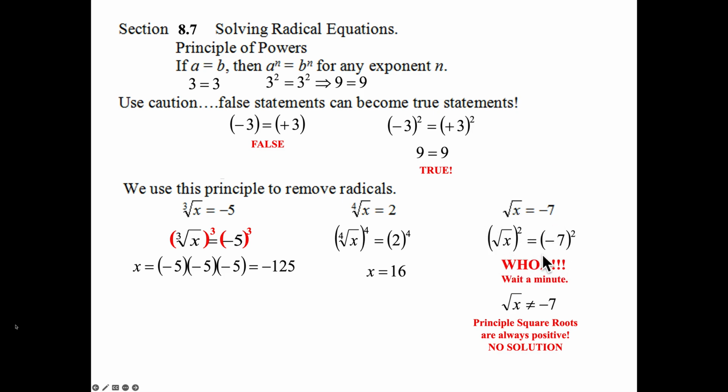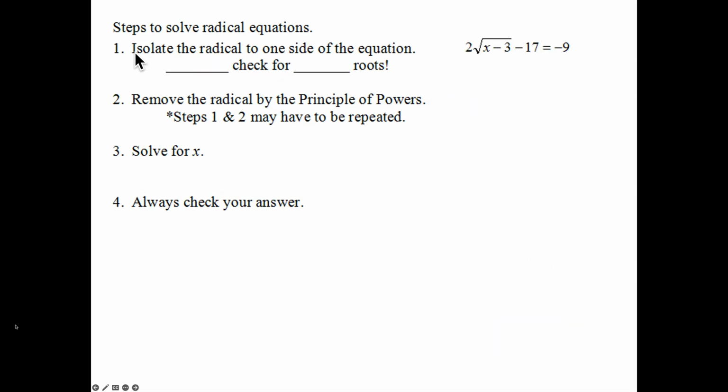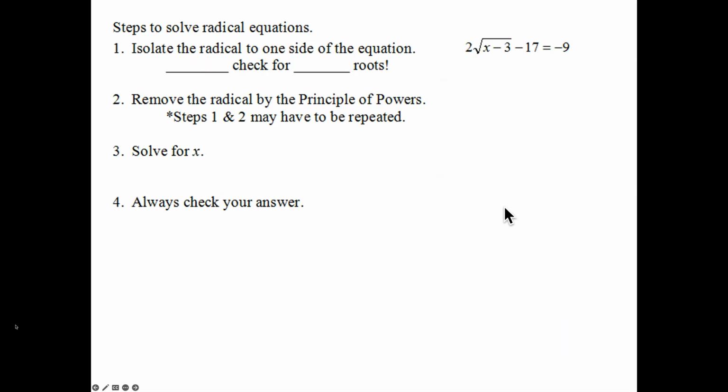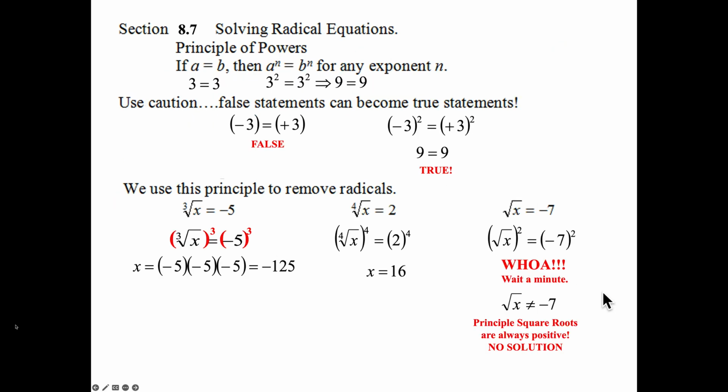So when we make our rules for solving radicals, that's going to be number one thing to do, is to isolate the radical to one side of the equation. So get this square root symbol, this radical symbol, by itself, especially when it's an even root. Because then if it's equal to a negative number and you have an even root, you have a no solution situation.